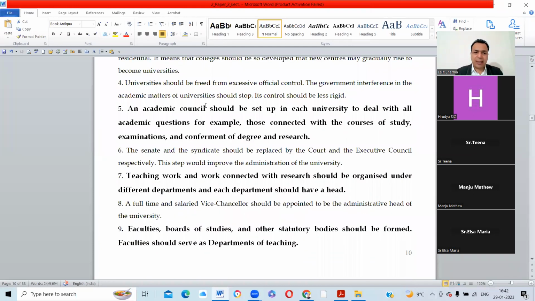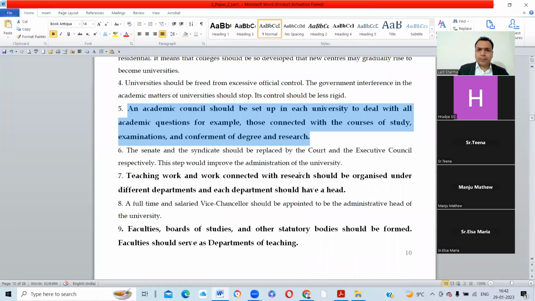Guys, you can see that an academic council should be set up in each university to deal with all the academic questions, for example, those connected with the course of study, examinations, and conferment of degrees and research. Now, guys, you know that if you have started a school, CBSE affiliated or ICSE affiliated, you need not worry because you have to follow the curriculum of a particular board.